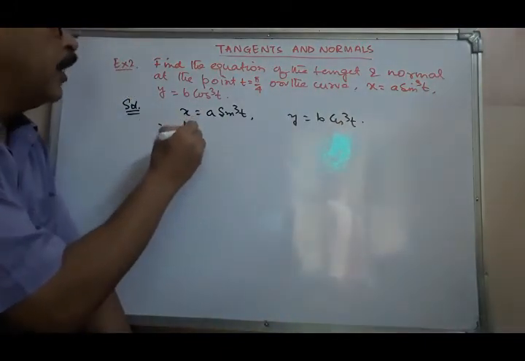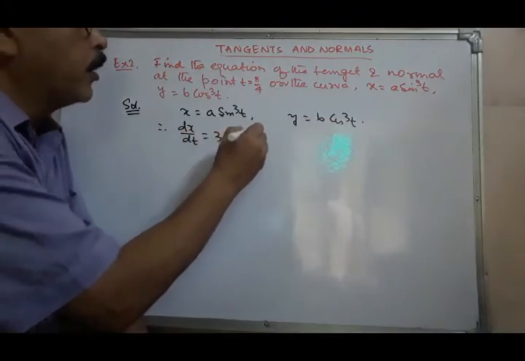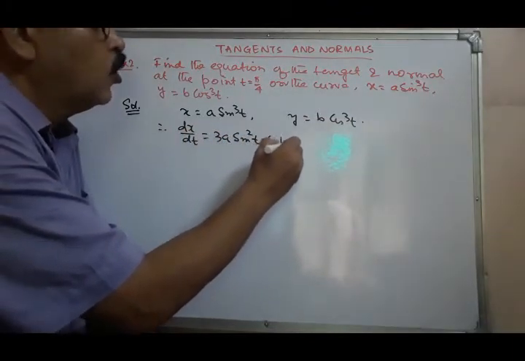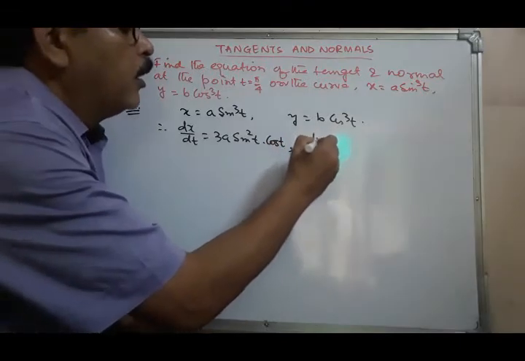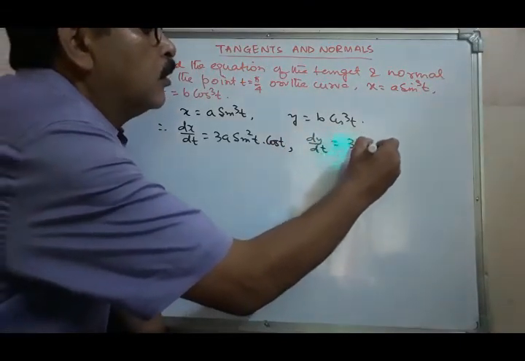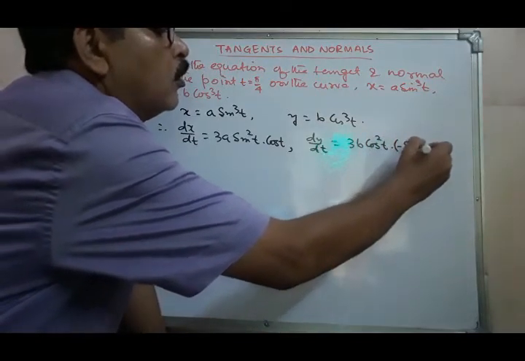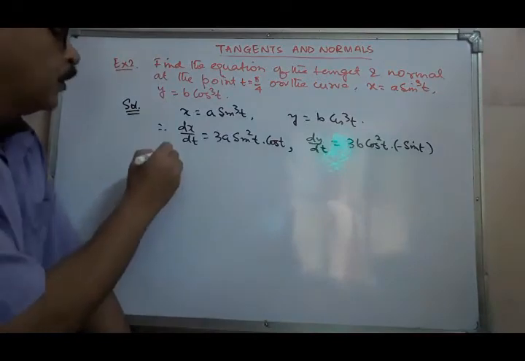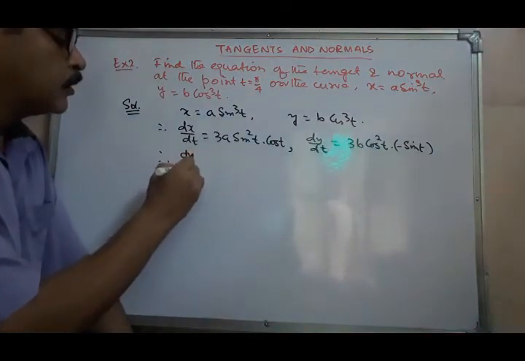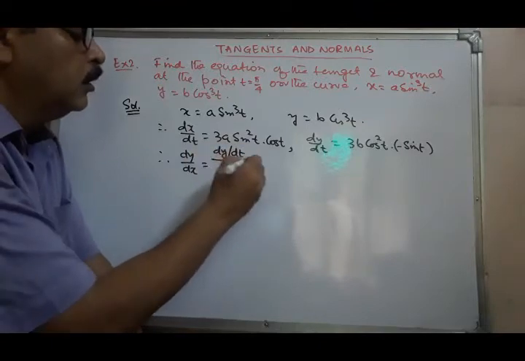Therefore, dx/dt equal to 3a sin square t into cos t, and dy/dt equal to 3b cos square t into minus sin t.